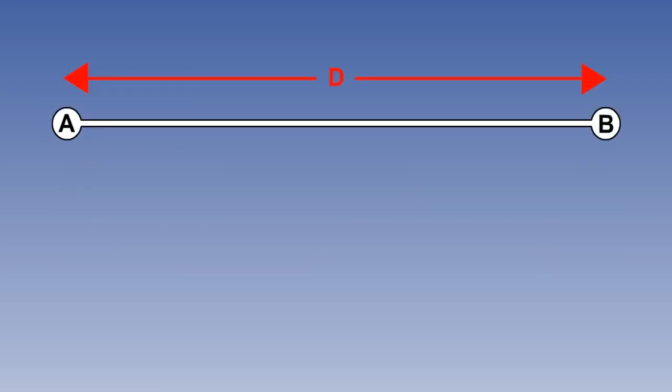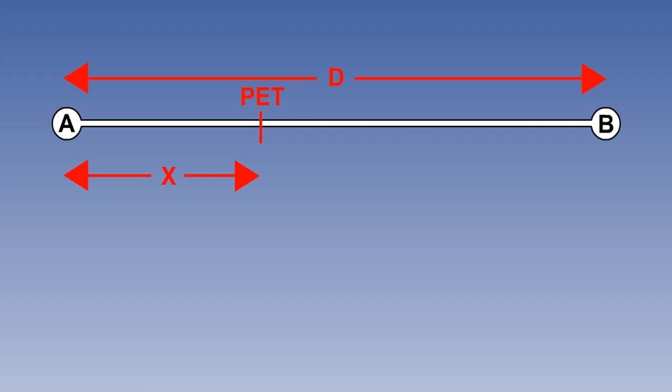Let's now derive the formula to calculate point of equal time in general terms using algebra. We'll call the distance between our two diversion airfields d. Somewhere along the route is the point of equal time. We don't know where it is yet. This is what the equation is going to find out for us.